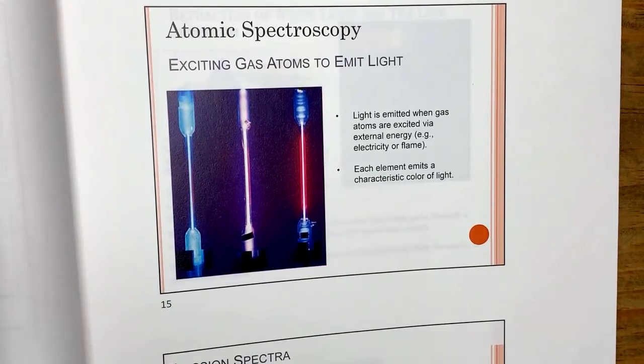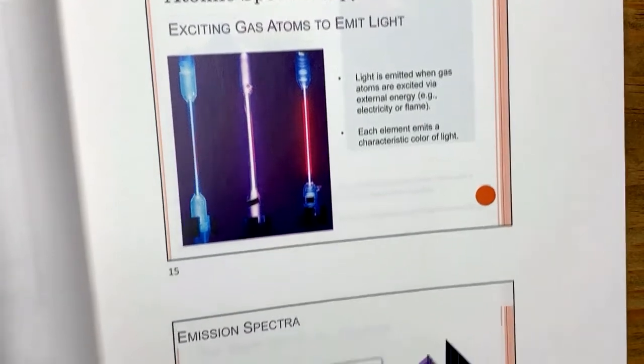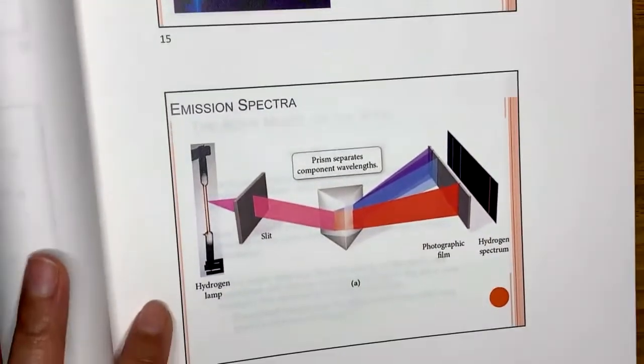Well, if you take gas atoms and put energy into them, like when you excite them using electricity, or maybe you burn them, flames have colors, right? So anyways, we have atoms here that we're going to go ahead and excite, in this case, in this picture down here, by hooking them up to electricity.